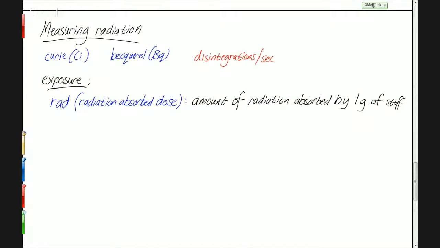And that's why this other unit, a little star by it, is usually the one that we hear about, and that's the rem. And rem stands for radiation equivalent in humans.